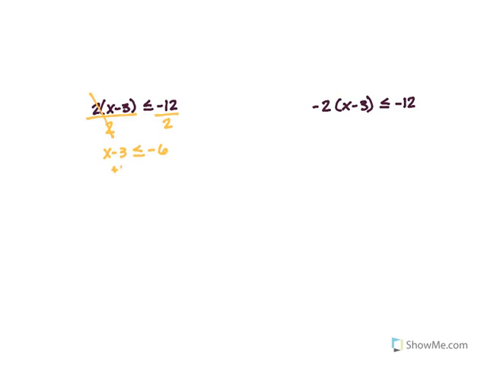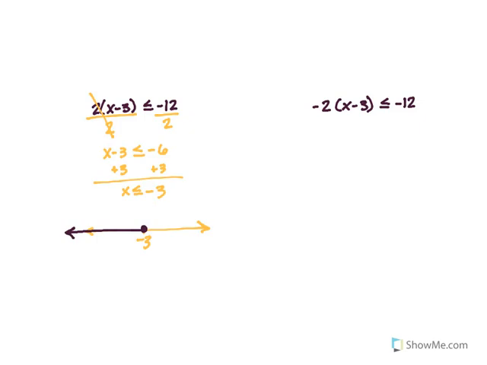Then I'm going to add 3 to both sides. And x is less than or equal to negative 3. Three is included because it's equal to, and x is everything less than that.